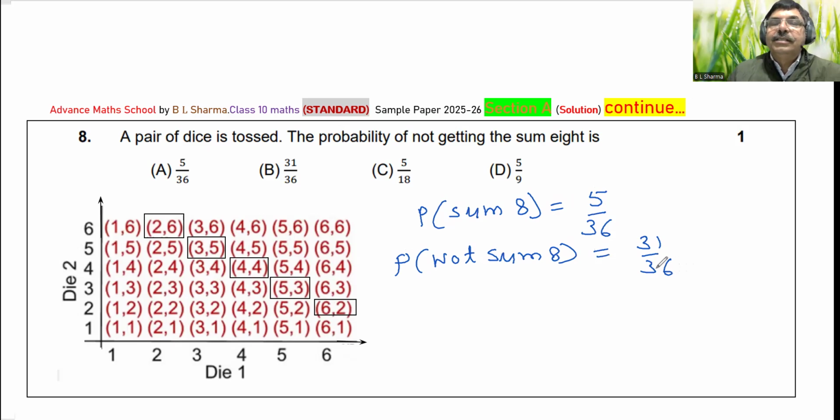Right? Total 36 में 5 कम करिए. So we can say that B is the correct option, because here it is not getting the sum 8.